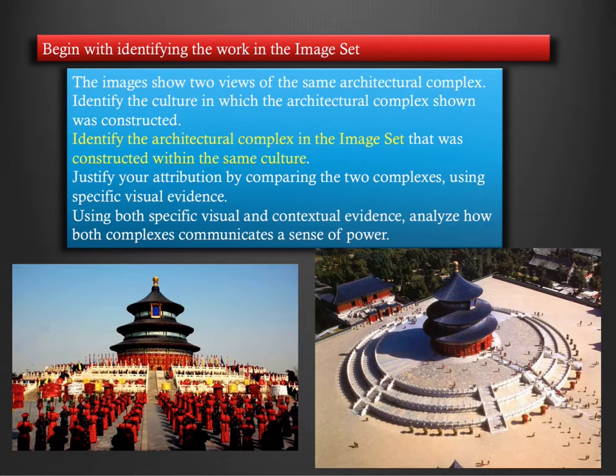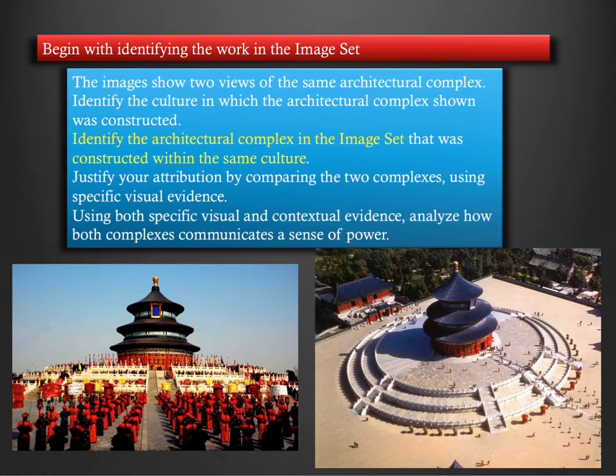We have a terrace that has 3 steps that the temple is elevated on. They both have monumental gateways, and they're constructed of timber and brick. They're both constructed of the same materials, and they have similar stylistic lines, like these sweeping roofs.